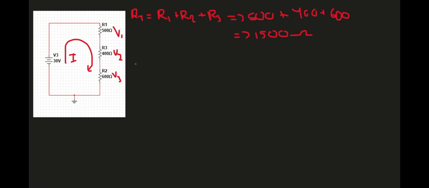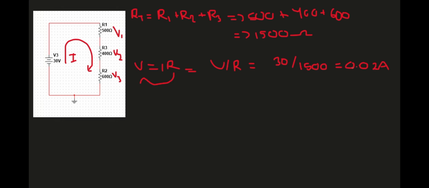Now to find the current, we will need to use V equals IR, just Ohm's law. To find the current, we have to put R on the other side, and that'll give us I equals V over R. Now if we substitute the voltage and resistance into the equation, that'll give us 30 over 1500, and that will give us 0.02 amps.